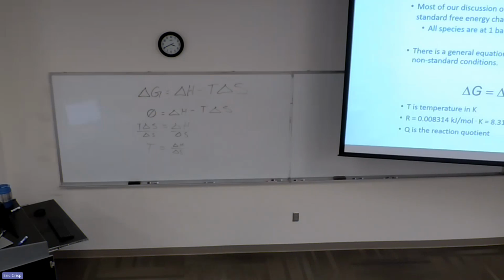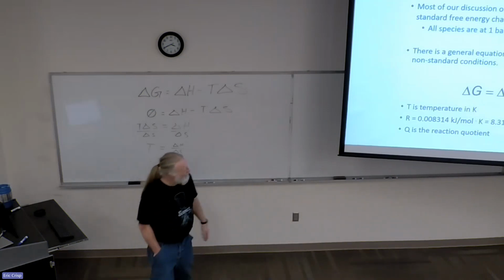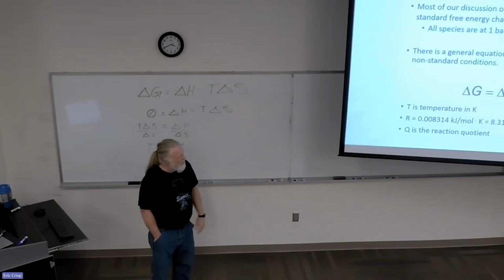Okay, so the product of all of the concentrations of your products. Multiply the concentrations of all your products together, divide by the product of all your reactant concentrations. Struggling with product means different things there. But okay, so ln Q, natural log of the reaction quotient.